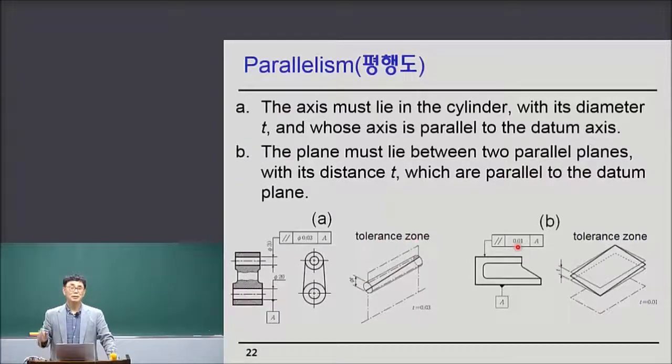I mentioned at the previous slide the parallelism of window glass. At that time, the parallelism is defined like this.